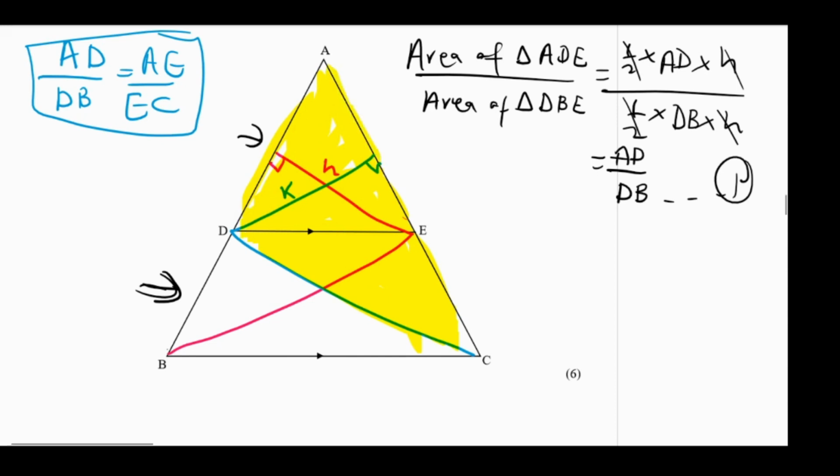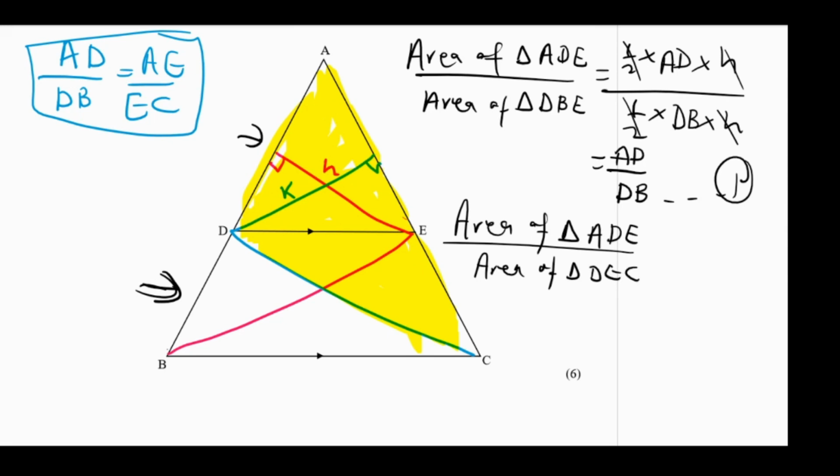So now what you're going to do is this. We're going to say the area of triangle ADE over the area of triangle DEC, right? Equal to, so what's the area at the top?